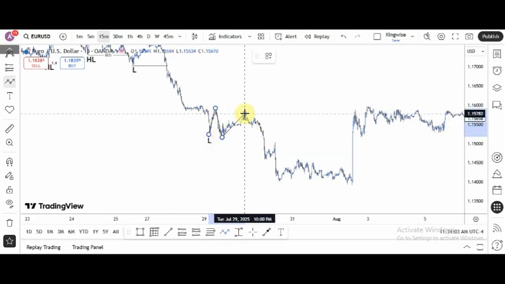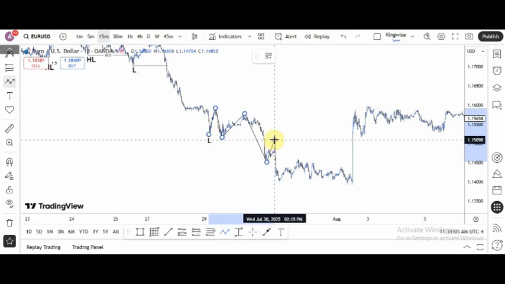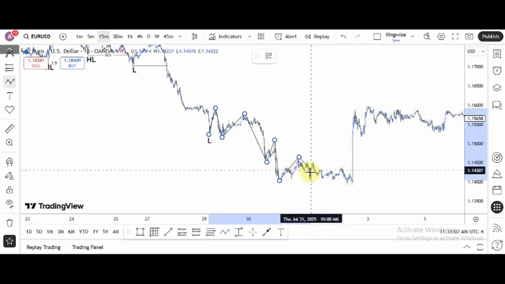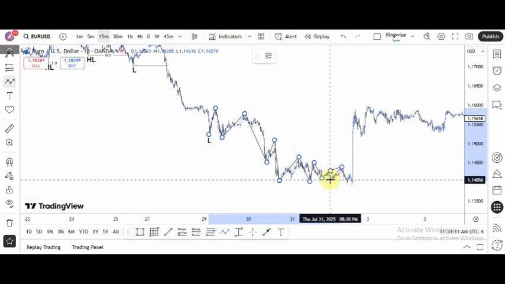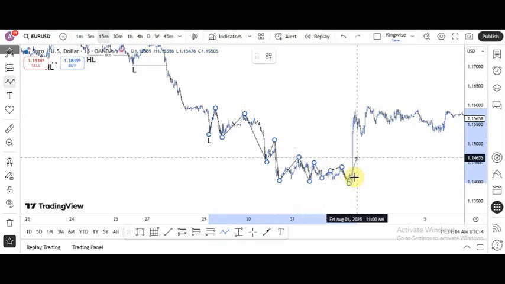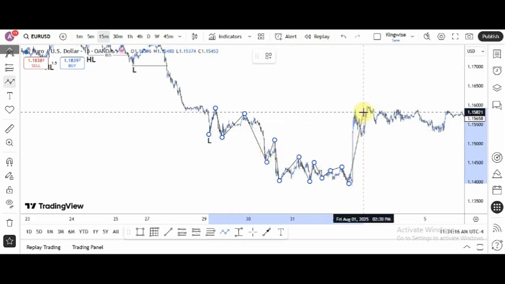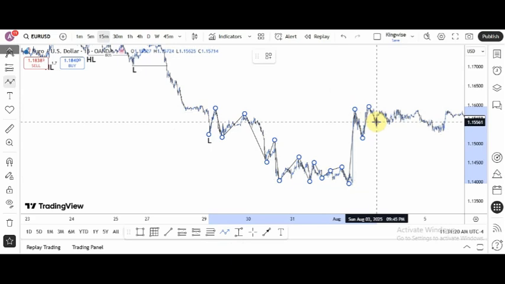Just be flexible, read your structure, and you will discover that now this is consolidation, this is price consolidating, and then it took out all of this, boom, telling you that market is now changed to what? Buy.